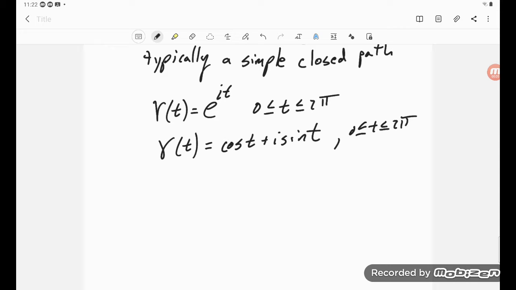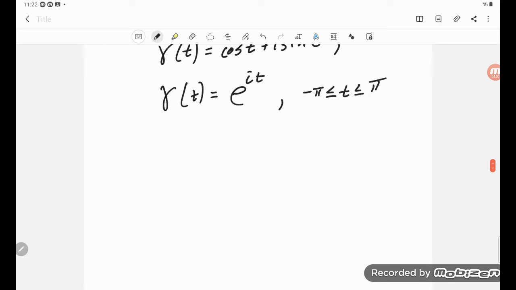You could use a different starting point, right? You could say gamma of t is e to the it, where minus pi less than or equal to t less than or equal to pi. That would also be a simple closed path.